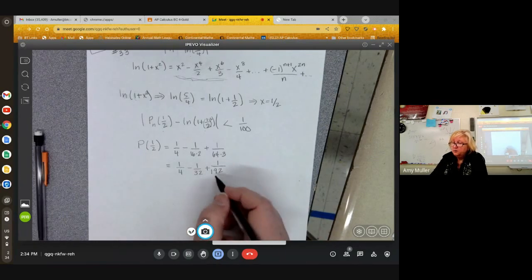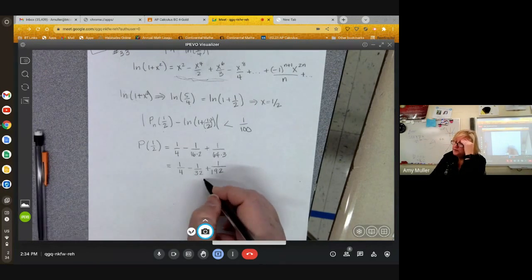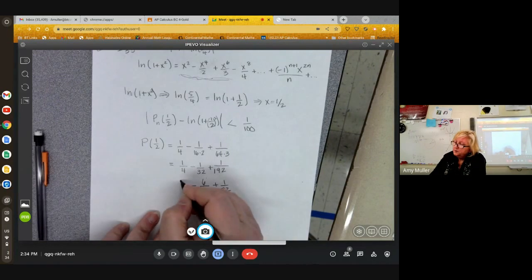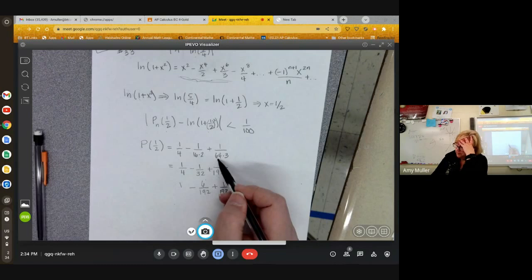So I got to multiply this by, this is 64 times 3. So that's going to be 32 times 6. So this is 6 over 192 plus 192 minus, and this is 4 cubed.